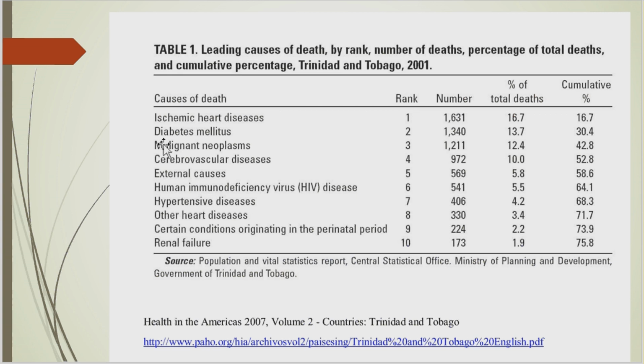So the top four types of diseases which cause death in Trinidad are all physiological lifestyle diseases. It's only when you get down to HIV that you get an infective disease. The cause of death here, external causes.